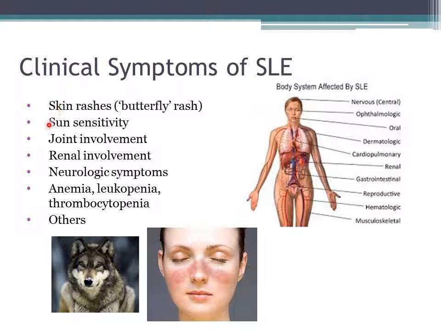Another hallmark symptom of lupus is sun sensitivity. People that formerly were able to go out and enjoy an afternoon in the summer sun, suddenly that is very uncomfortable for them and actually can cause them to feel sick.